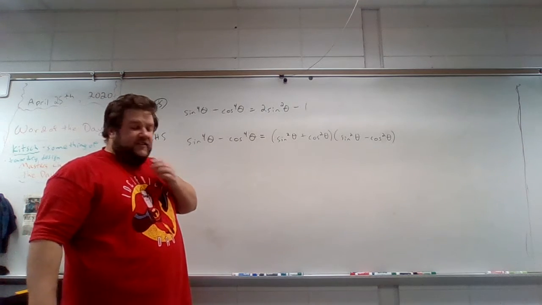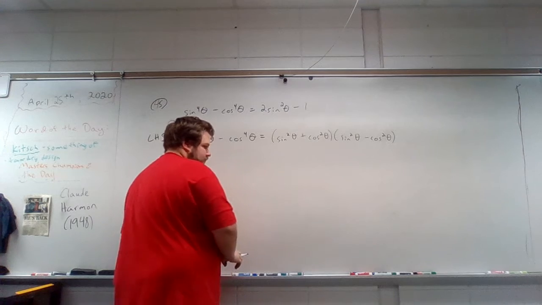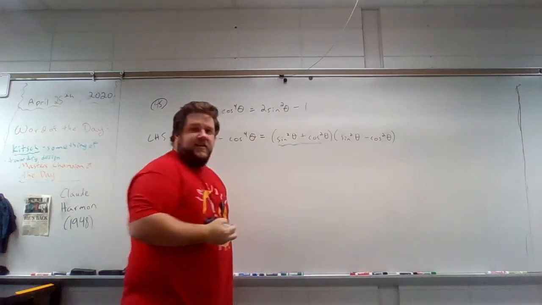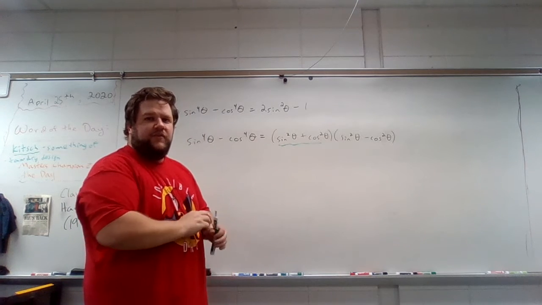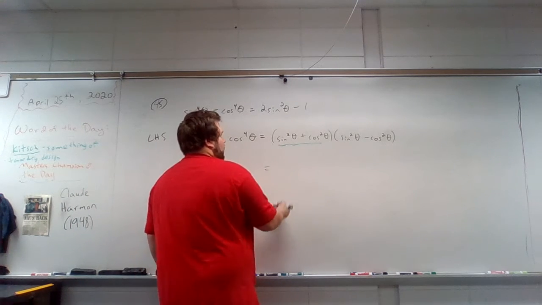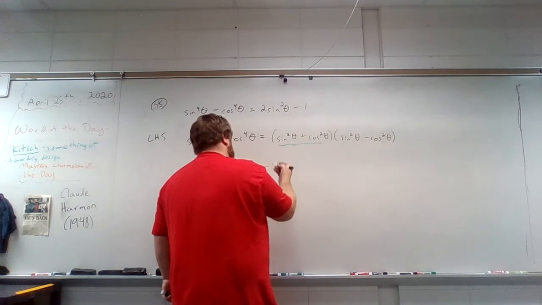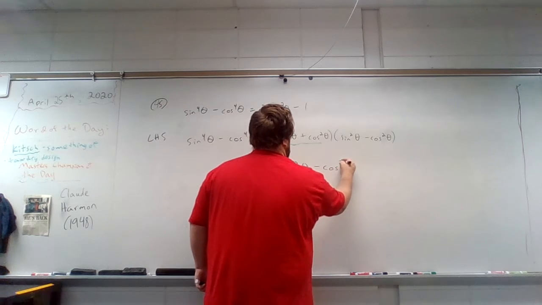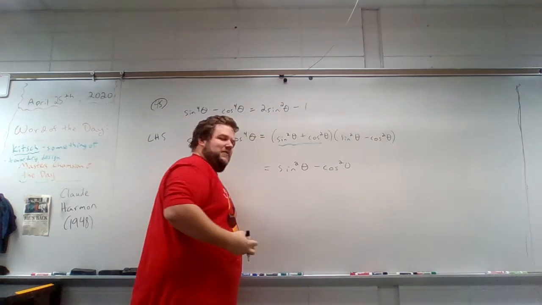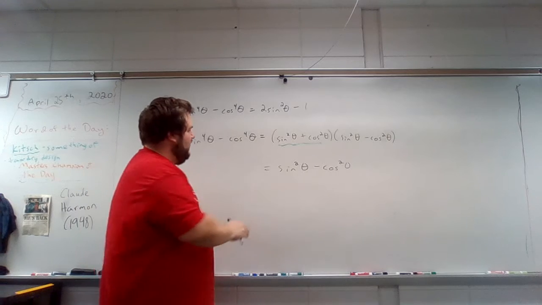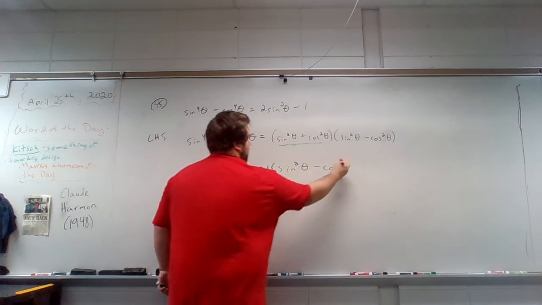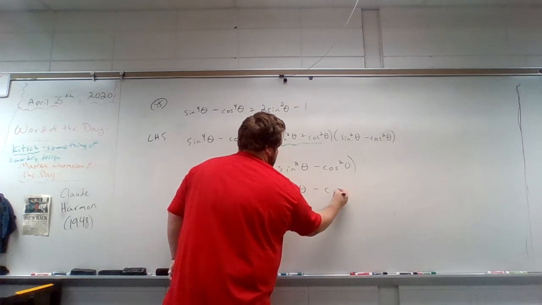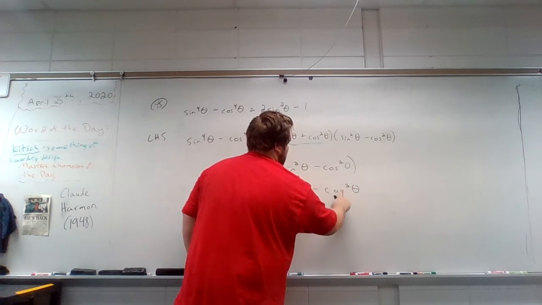Now, the great thing is that this part right here is a Pythagorean identity. So that is 1, cosine squared plus sine squared. So I really just have 1 times sine squared minus cosine squared, and I just have that. If you want to write in the 1 times, that's fine too, but either way, I have that.